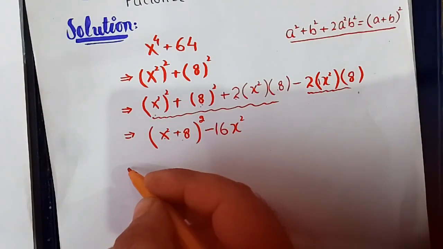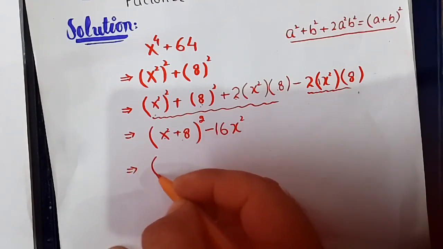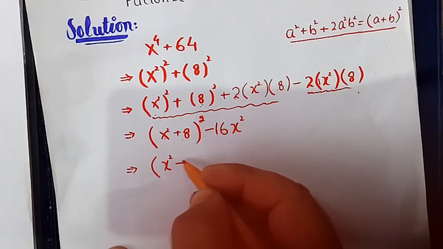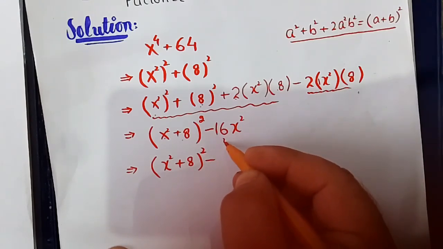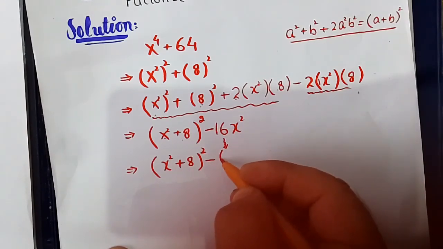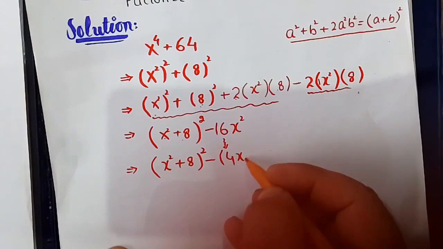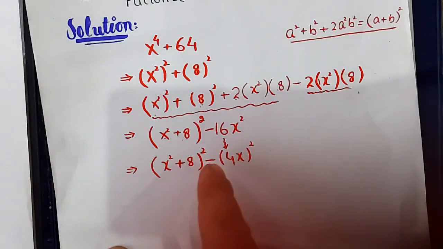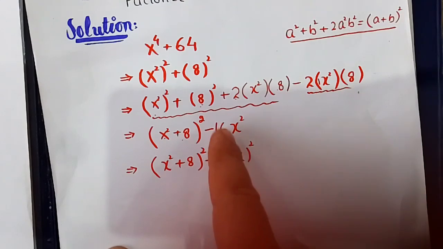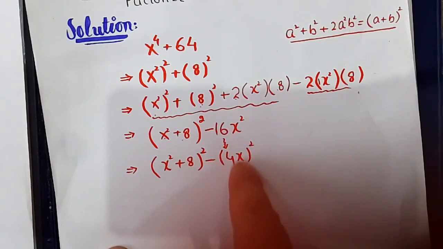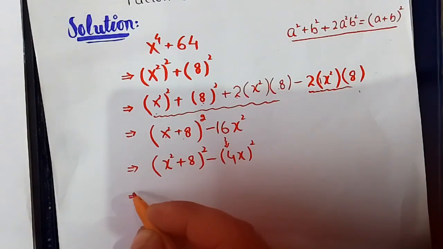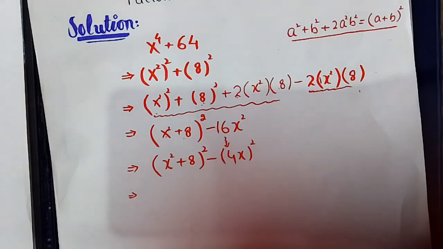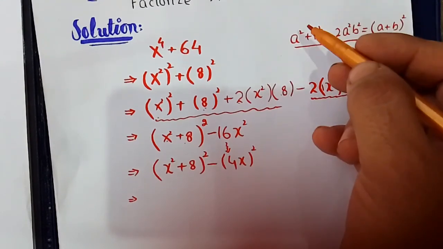In the next step, I will write x square plus 8 whole square again minus, and instead of 16 x square I will write 4x whole square, because 4 square is 16 and x square can be written as x whole square. In the next step, if you remember the formula, what is the formula?